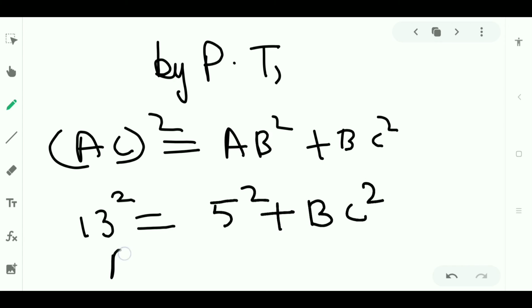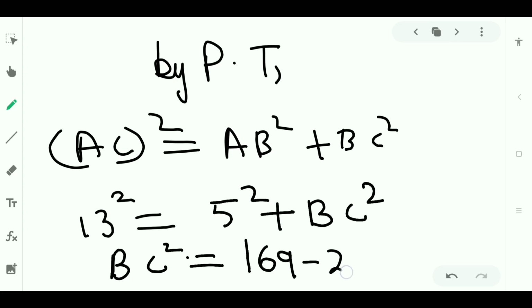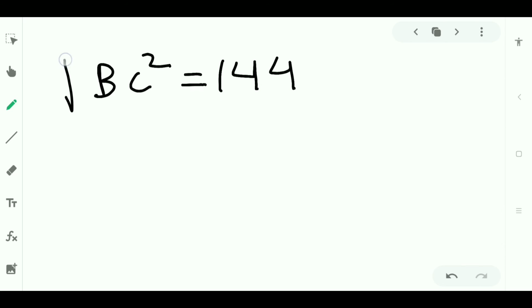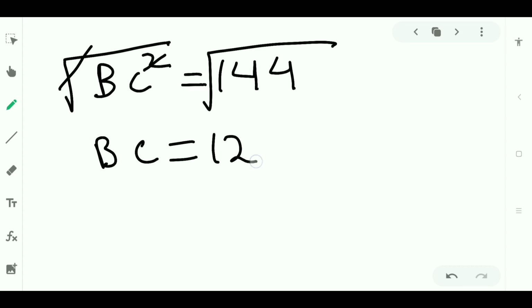Now we have to find BC. BC square we leave on this side, and 5 square will be moving on to LHS: 13 square minus 5 square. What is 13 square minus 5 square? It is 169 minus 25. So BC square is equal to 169 minus 25, which is nothing but 144. So taking square root on both sides, we are getting BC is equal to 12 centimeter.